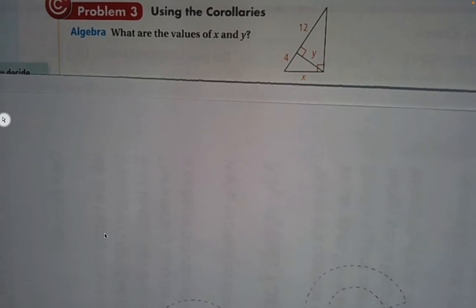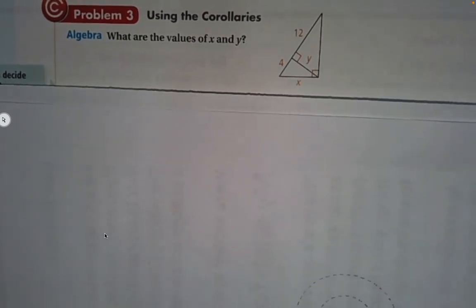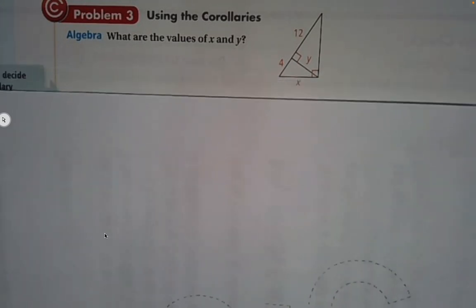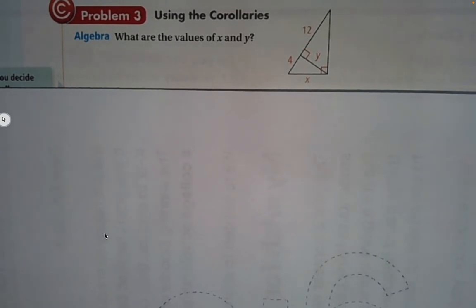All right. On this one, let's see. What am I going to use? Let's try to find the altitude. The altitude is the most important thing that we can use. So what would be the altitude of that one?